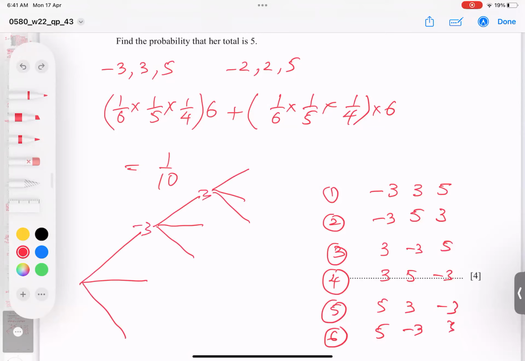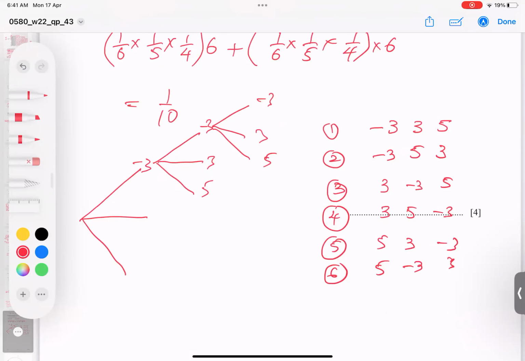-3, -3, 3, and 5. -3, 3, and 5. So I think it is not easy to make it. In short, there are 6 branches. We can show you here 2 options here. There's 6 options we have total.